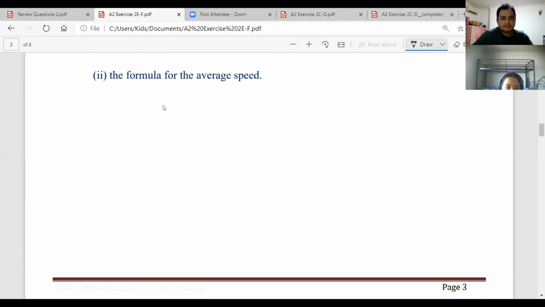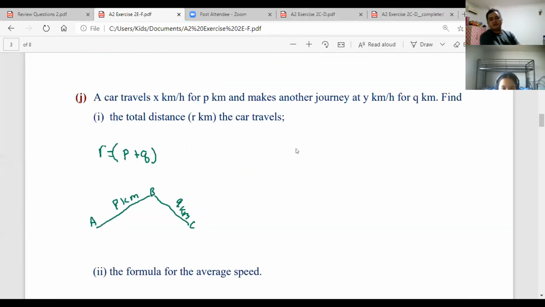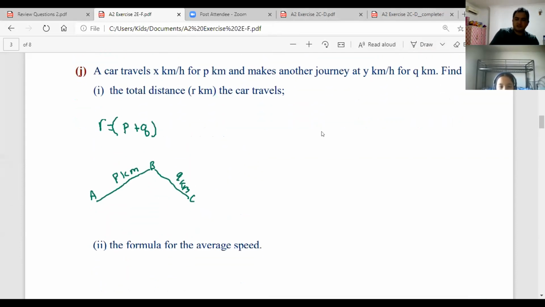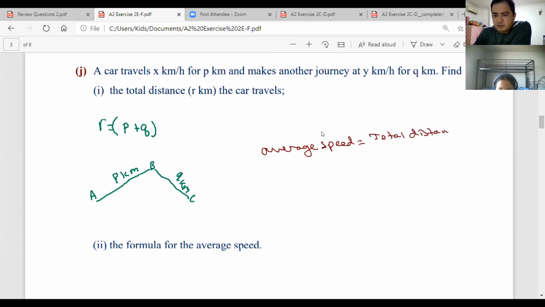Okay. The formula for the average speed. First, Shahina, how do you find the average speed? Do you remember? I think we do speed times distance. Yeah, average speed is total distance traveled over total time taken or elapsed.